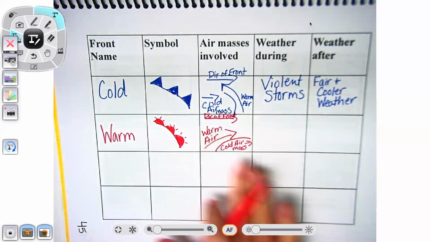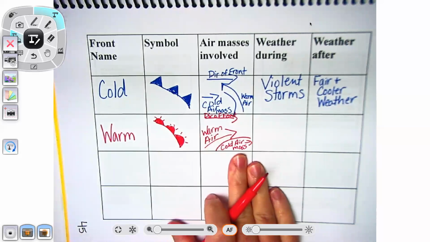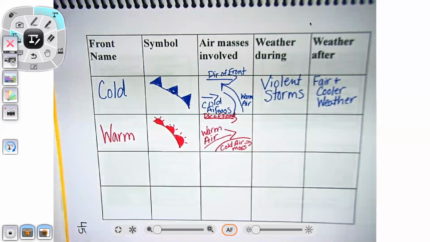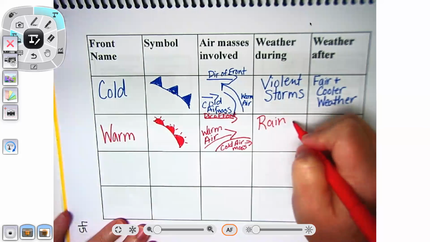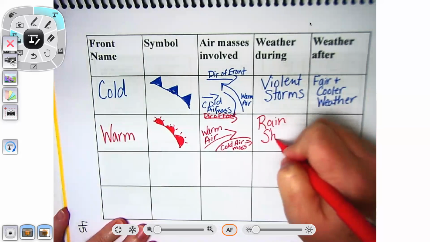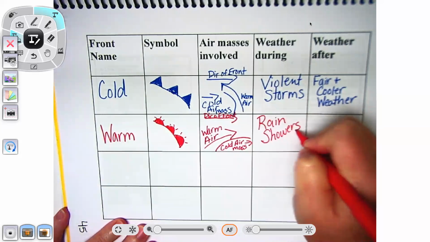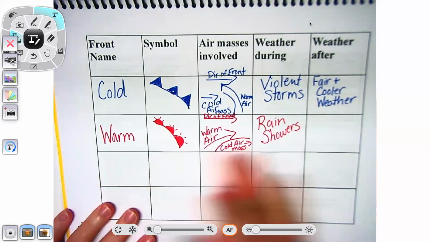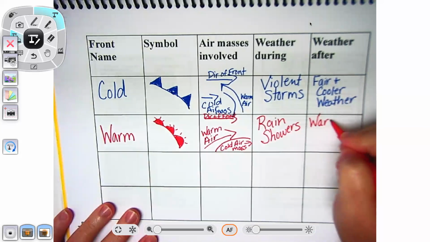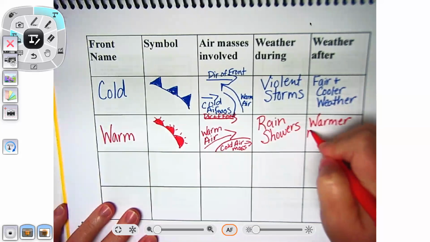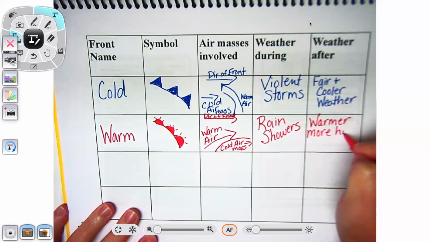The warm air mass is like pile driving down that cold air mass and pushing it out. Now, in that warm front, we're going to have some rain showers. But when the rain showers go, we're going to have warmer and more humid weather.